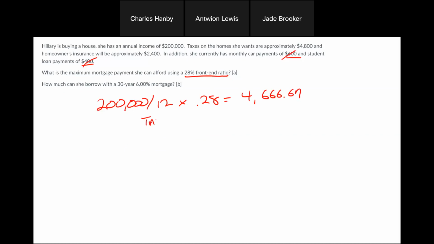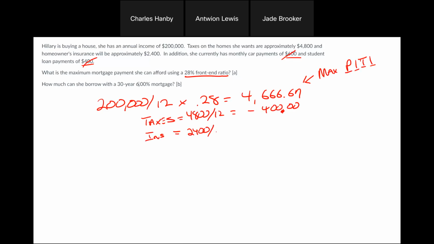We have to take out her taxes. Just a note here, this would be her maximum PITI: principal, interest, taxes, and insurance. The taxes, 4,800 divided by 12, so $400 a month. Subtract that out. Insurance, and most people escrow, so these would be included in your mortgage payment.